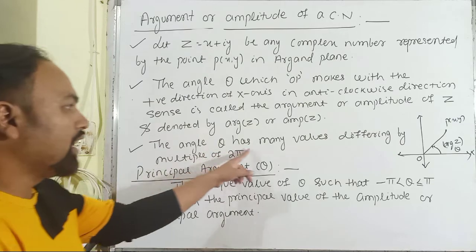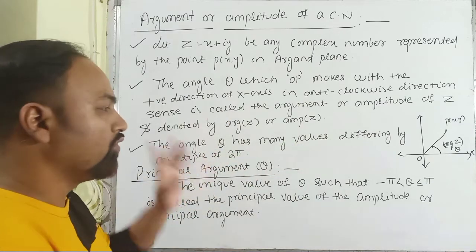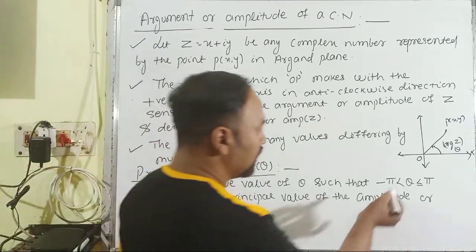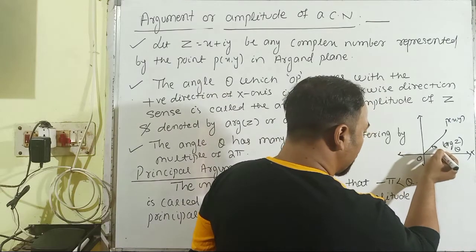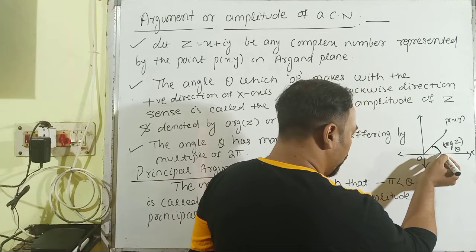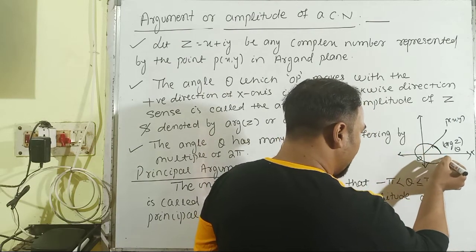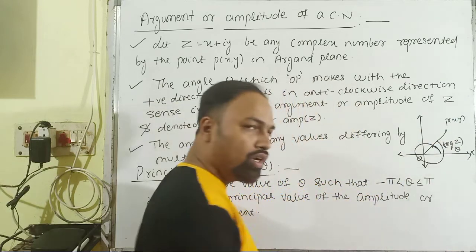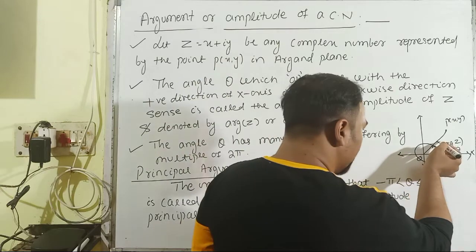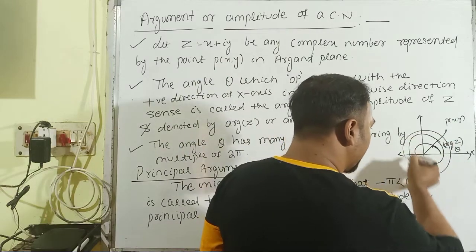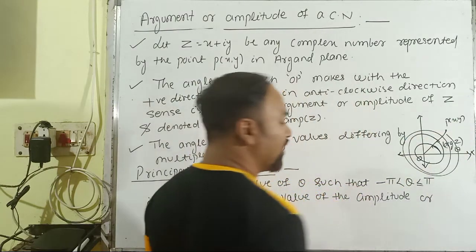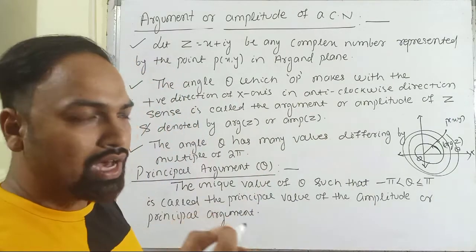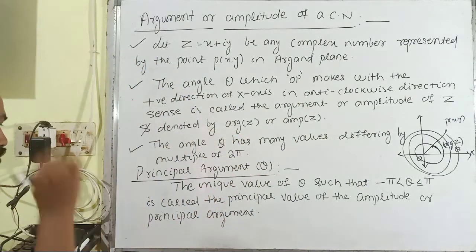The angle theta has many values differing by multiples of 2 pi, because this is the argument of z, and if we go through a complete rotation and again reach this point, then this is also an argument of z. Similarly, multiple angles can be derived differing by 2 pi to get the argument of z.